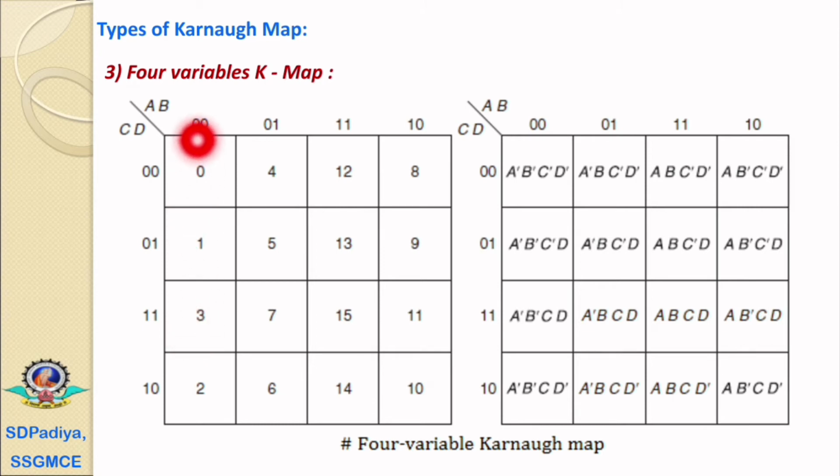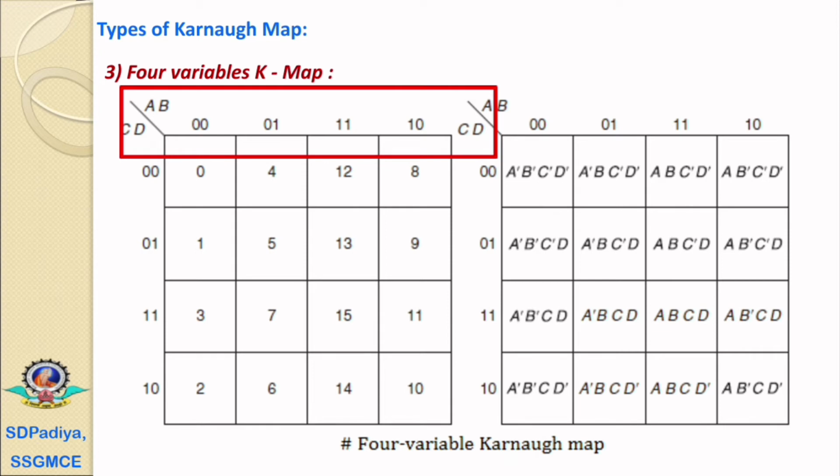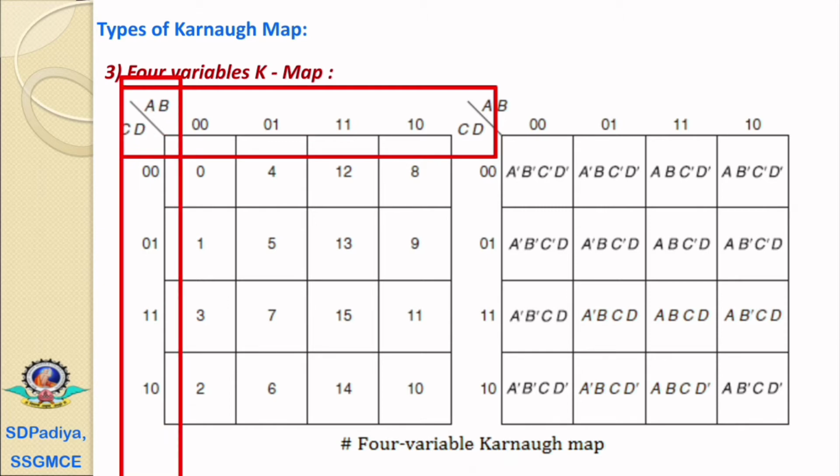Now at the column side we have written the variables A, B, and at the row side we have written variables C, D. Therefore again the first column has 0 0, 0 1, 1 1 and 1 0. That we always have to keep in mind. And at the row side also the sequence is 0 0, 0 1, 1 1 and 1 0.